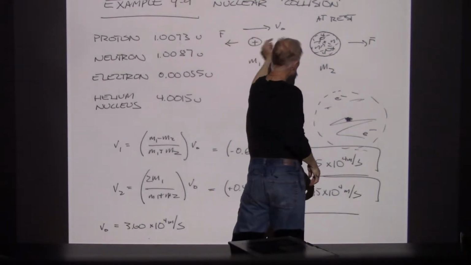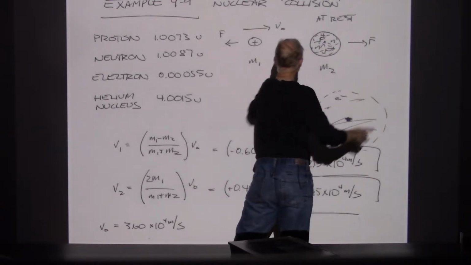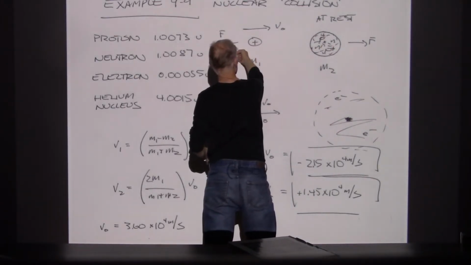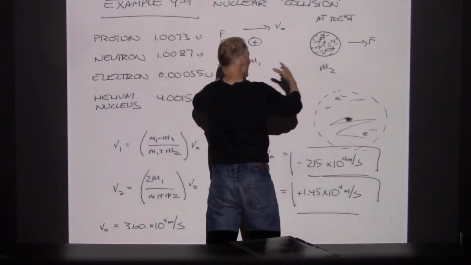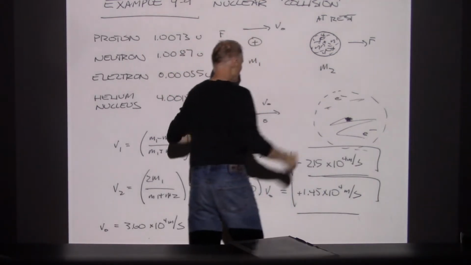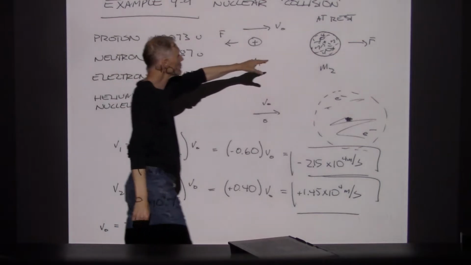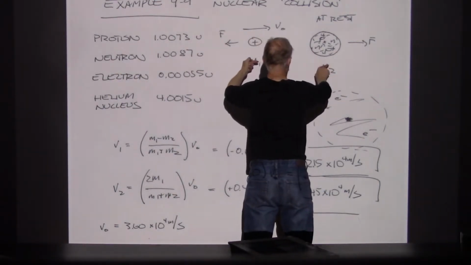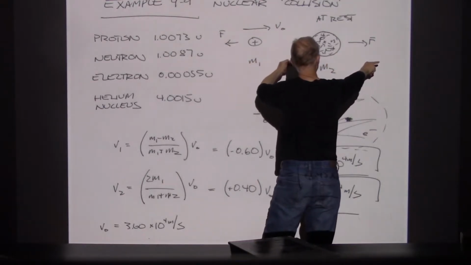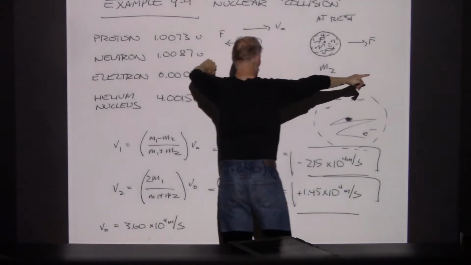The helium nucleus experiences a force in that direction. The proton experiences a force here, and that slows them down and then they push away from each other. Or this was already at rest, right? So this is at rest, this comes in, this begins to pick up speed, this slows down, and then reverses.